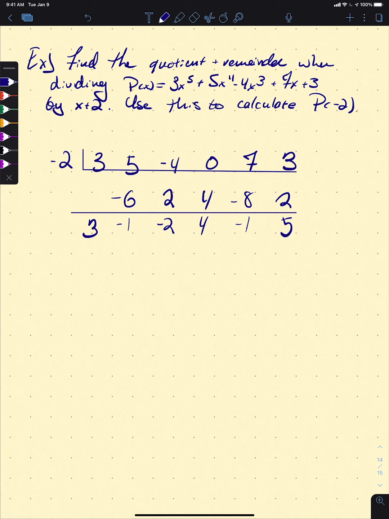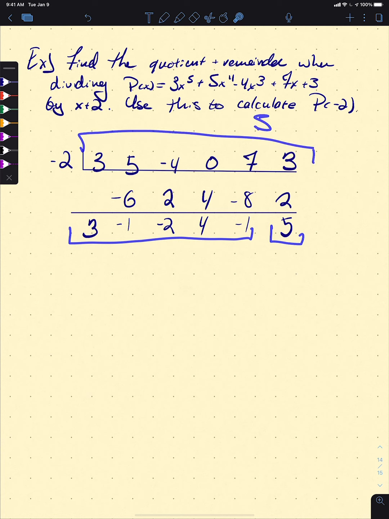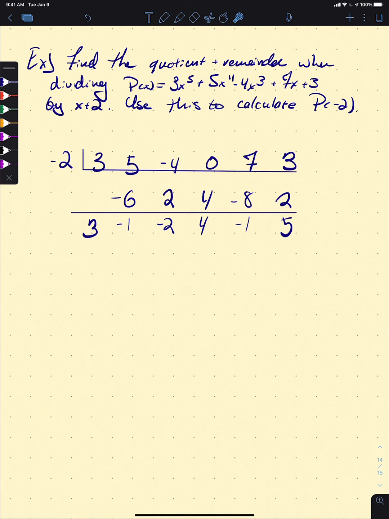Okay, so this is 1 degree less, right? Remember, this is going to be my quotient, and this is going to be my remainder. This is a 5th degree polynomial, so that means this is going to be a 4th degree polynomial. So that means we're going to have p of x. We'll write this guy first.